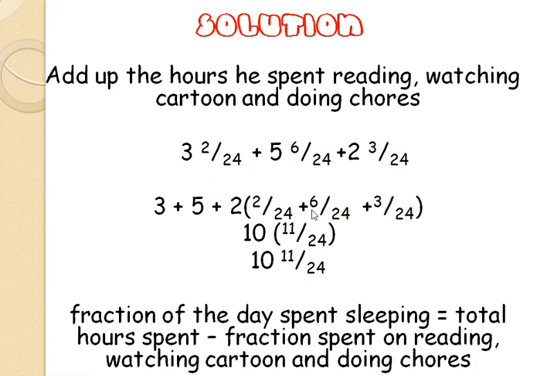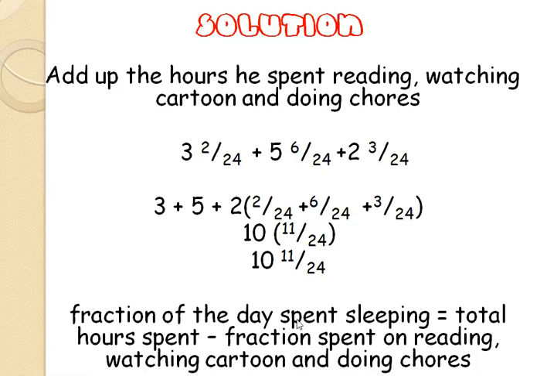And then I'm going to add my fraction. All these fractions are like fractions. So I'm writing out the denominator 24. And then I'll add up the fraction. 2 plus 6 is 8. 8 plus 3 is 11. So this is 10 whole number 11 over 24. This is the number of hours he spent reading, watching cartoons, and doing chores.